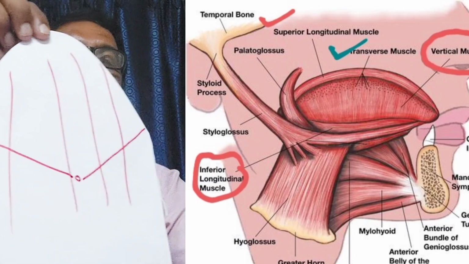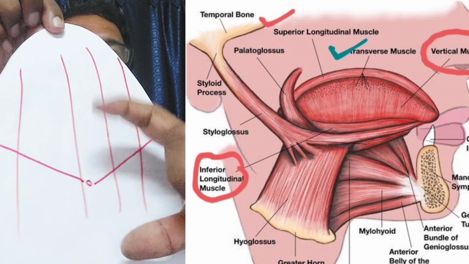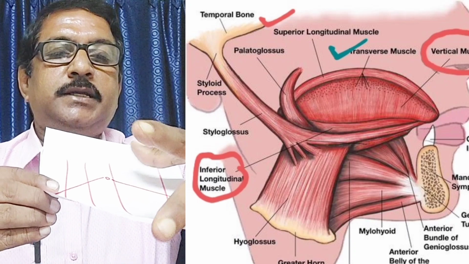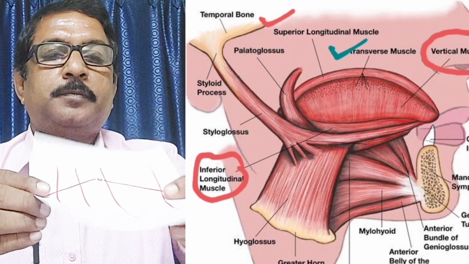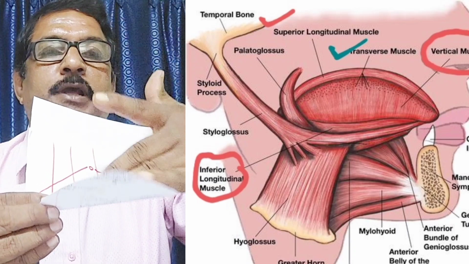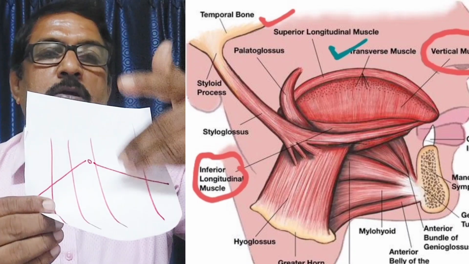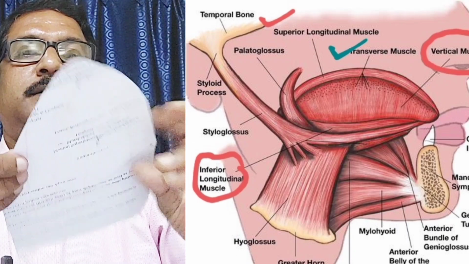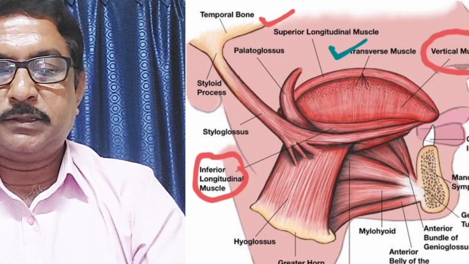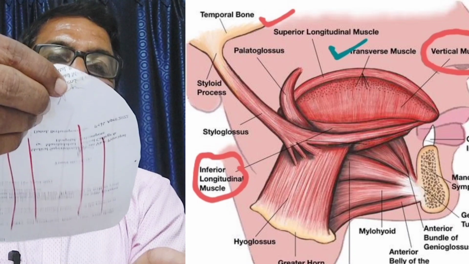So if these muscles contract, then the length of the fiber will be diminished. In this case, the length of the tongue will be decreased and the dorsal surface of the tongue will be concave. On the other hand, the inferior longitudinal muscles are longitudinally oriented and close to the ventral surface, lower side.